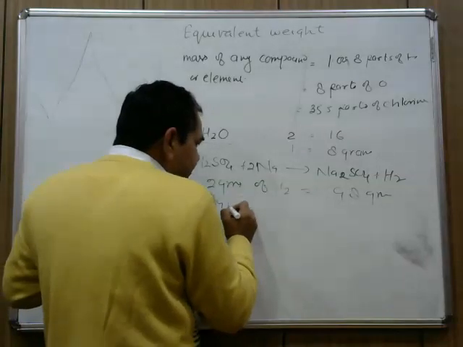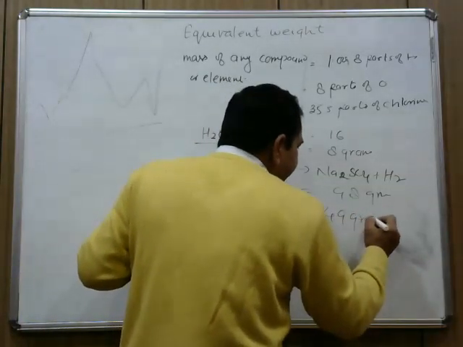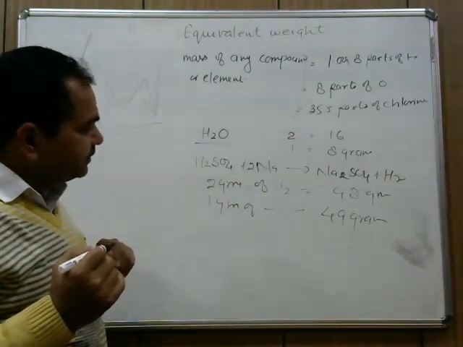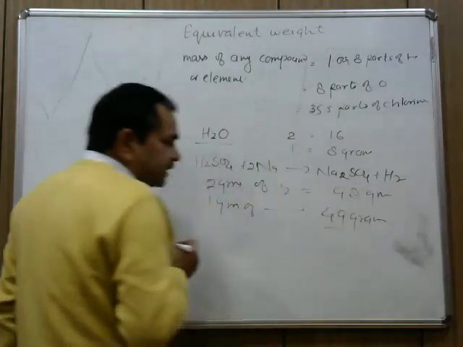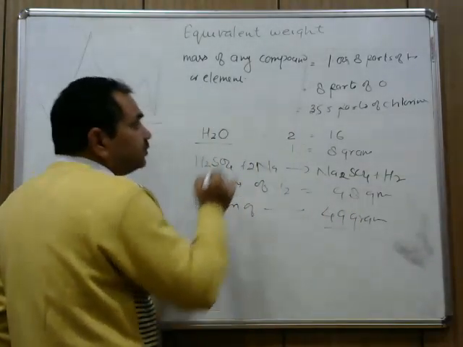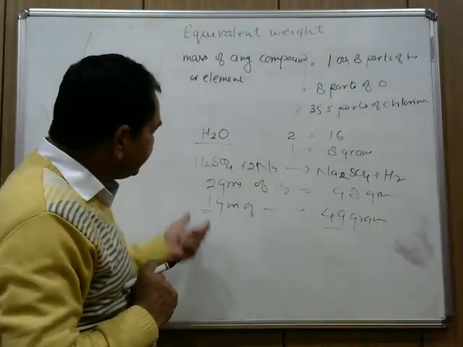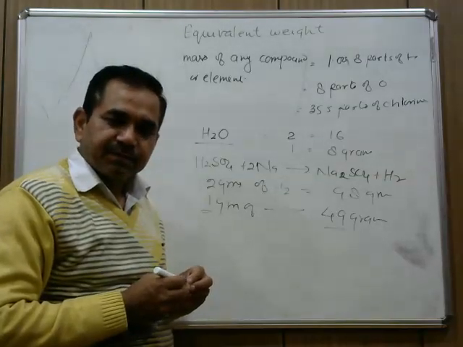So 1 gram of hydrogen is produced by 49 grams of sulfuric acid. So 49 grams of sulfuric acid is equivalent to 1.008 grams of hydrogen. So the equivalent weight of sulfuric acid is 49.